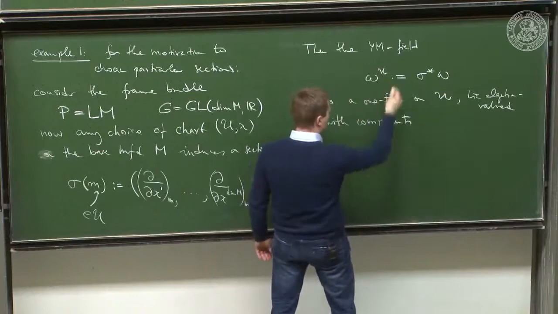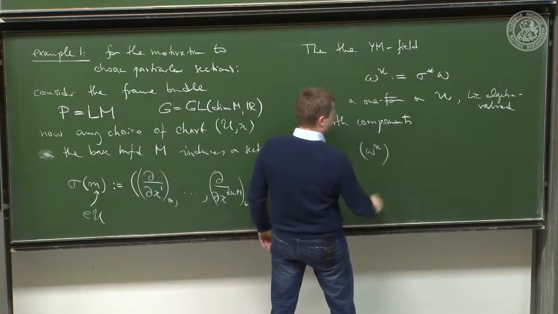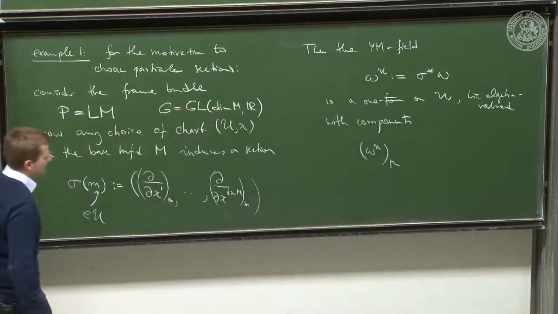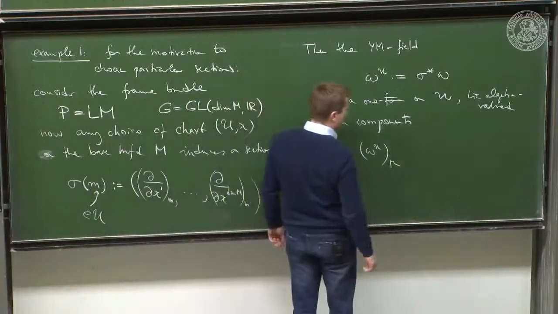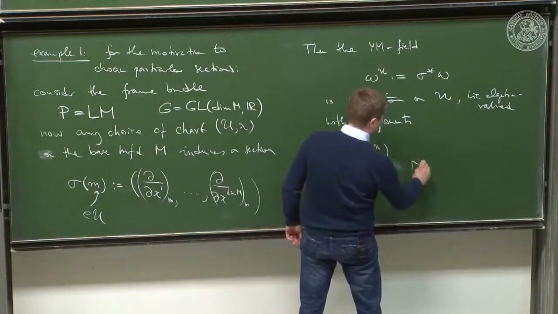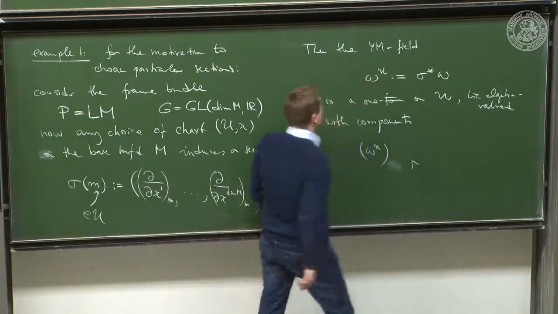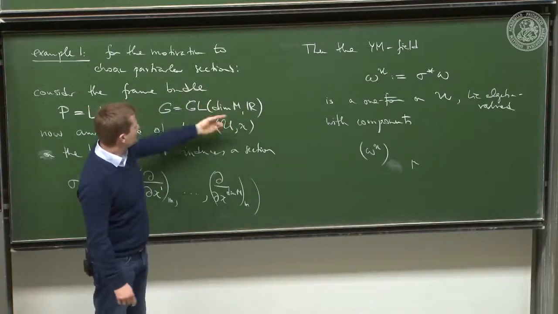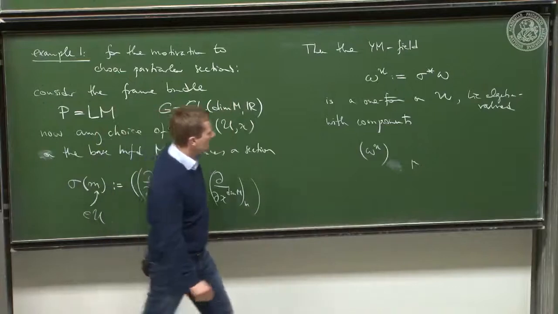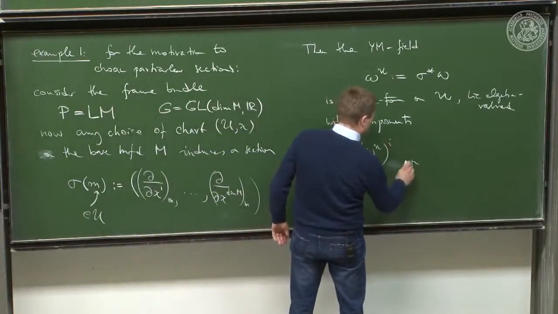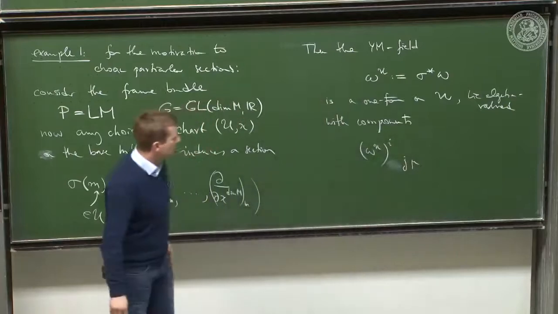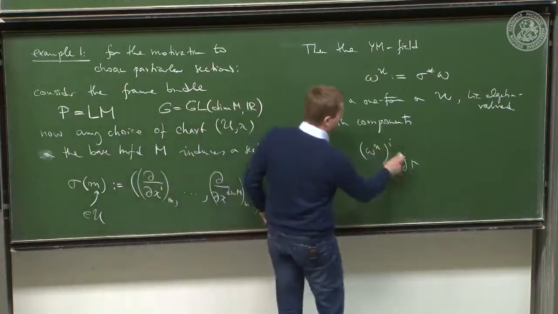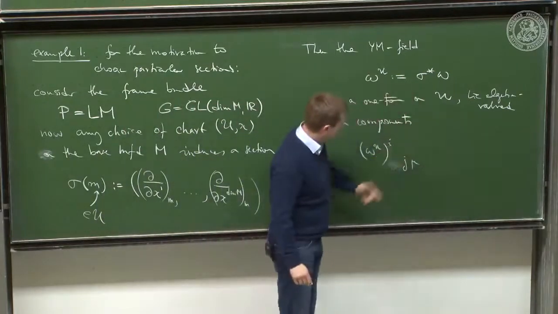we can call the components of this omega_U. It is a one form on U, so it has a space-time, well, a base manifold index down. Then it has a Lie algebra index, but this GL, these are invertible linear maps on R^(dim M). So there is an index up I and there's an index down J. Well, this is not a GL matrix, but it's the Lie algebra representation.